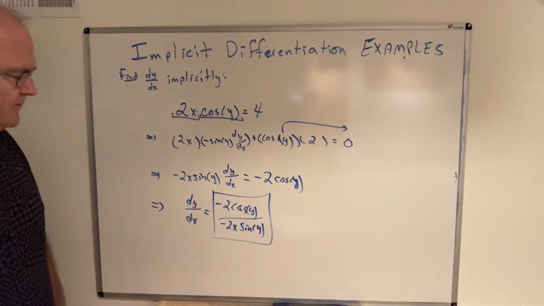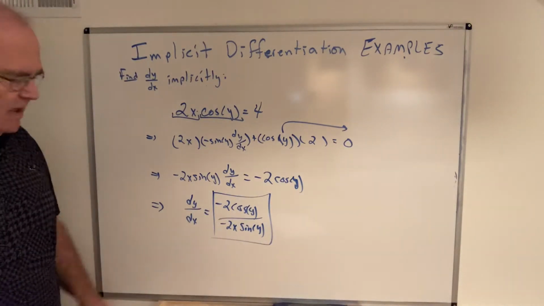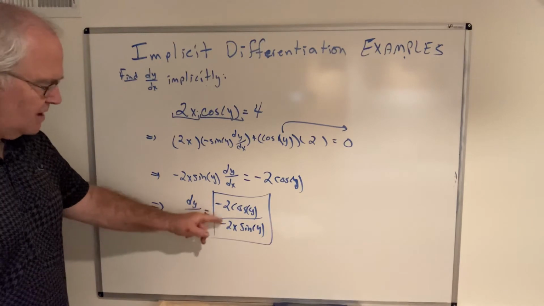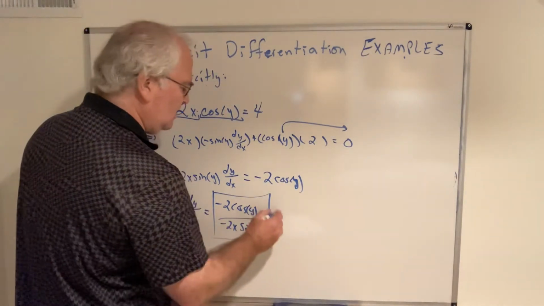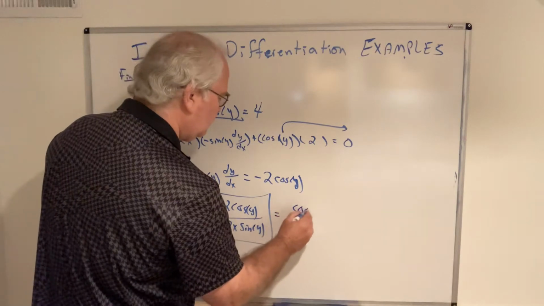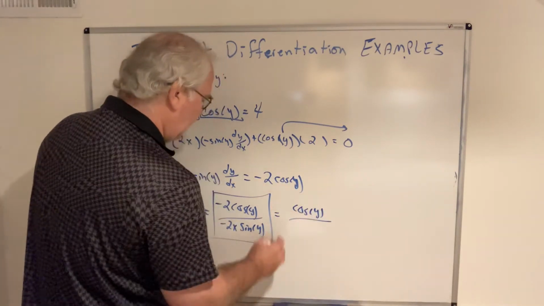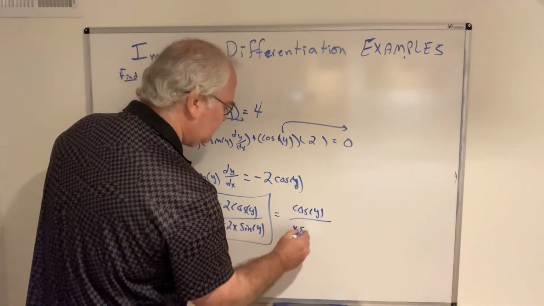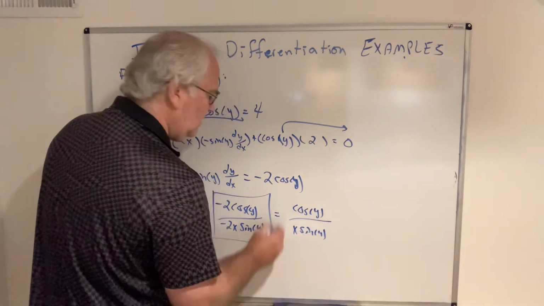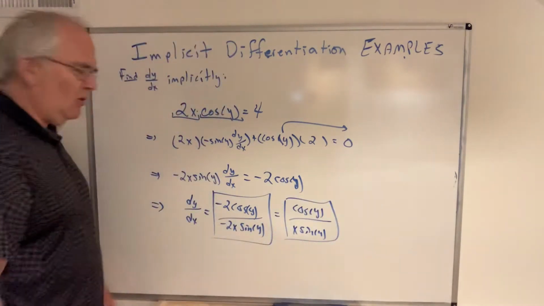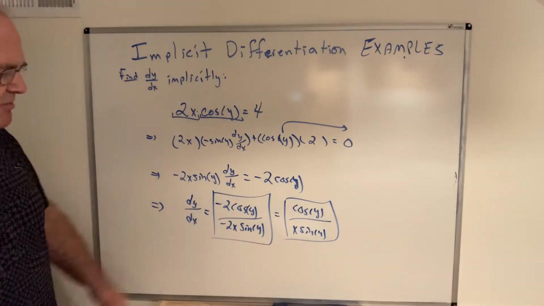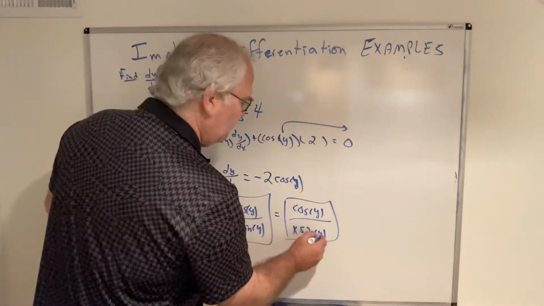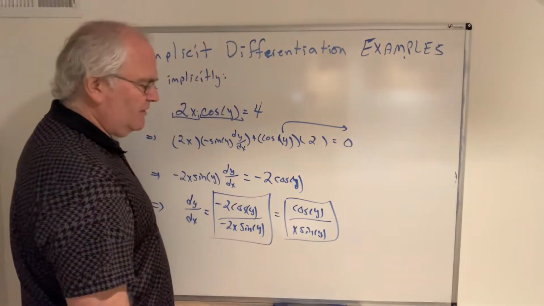That's fine by me. If I had to bet money, the textbook's not going to have this. The textbook's going to cancel those negative 2's. So if you like, and if you're proud of yourself, you can cancel the negative 2's. That's more than fine. That's just spectacular and glorious. Some people are even more proud of themselves.